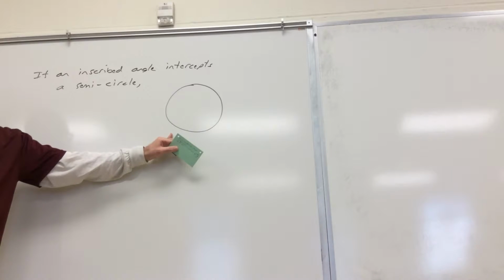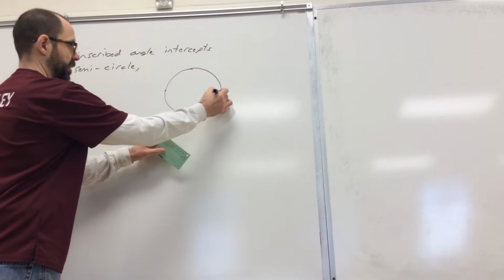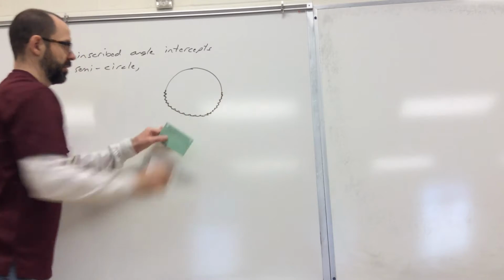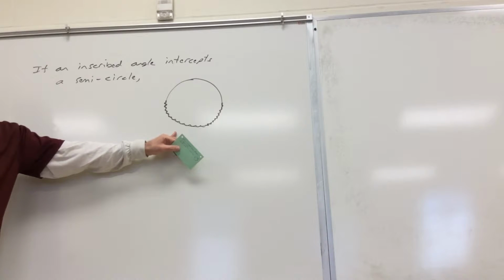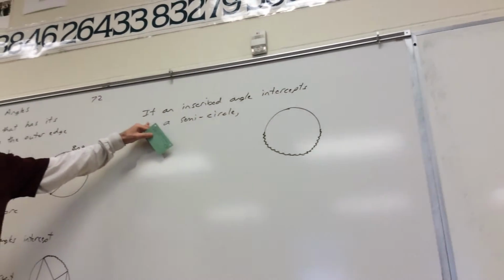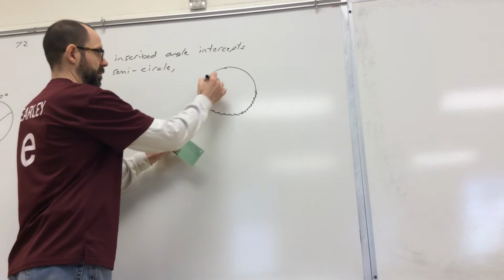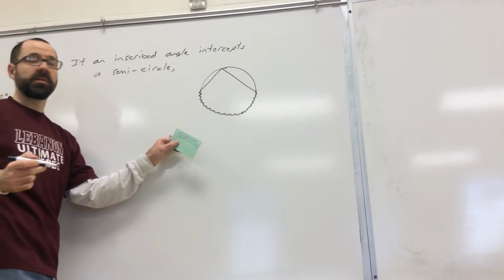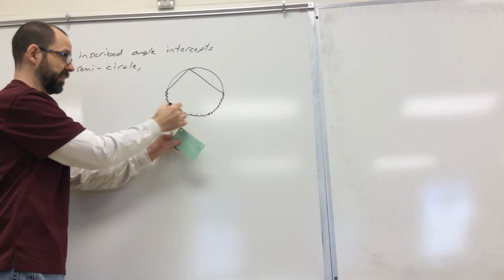Isn't it just like a circle cut in half? Half of the circle. Good. So here, there's the semicircle. Looks like a bearded man now. Okay, so we need an inscribed angle intercepting that semicircle. So here's the inscribed angle intercepting the semicircle.